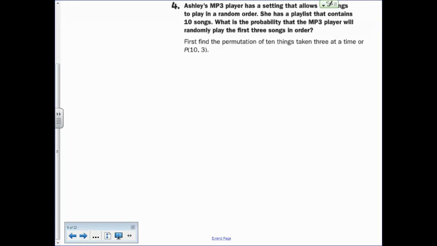Well, let's take a look at what it says here. It says, first, find the permutation of 10 things taken 3 at a time. Or, what is a permutation of 10, 3? Well, again, we have 10 choices for that first song. So that would be 10. We have 9 choices for the second song because we're not going to repeat songs.